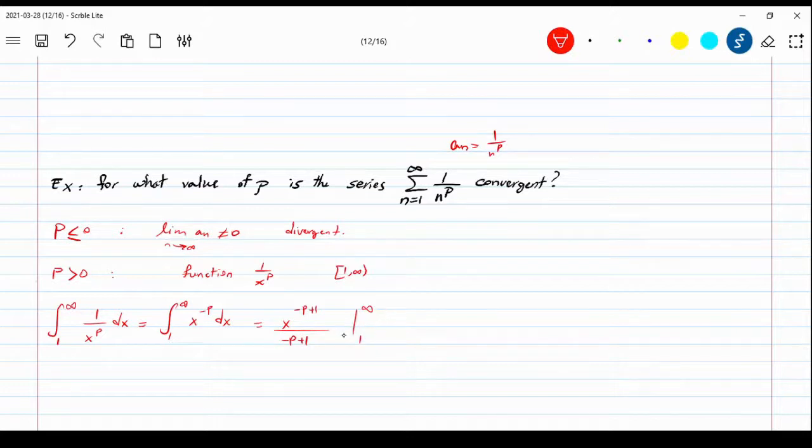The only issue is, let's assume that p is not 1. If p is 1, then we would have to deal with the natural log. So for the moment, let's assume p is not 1.